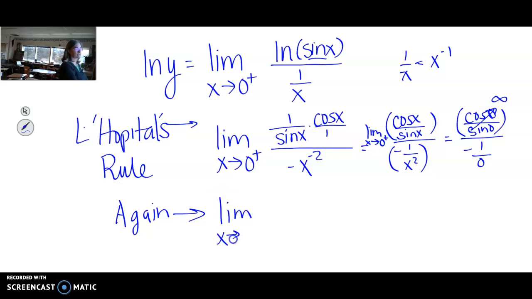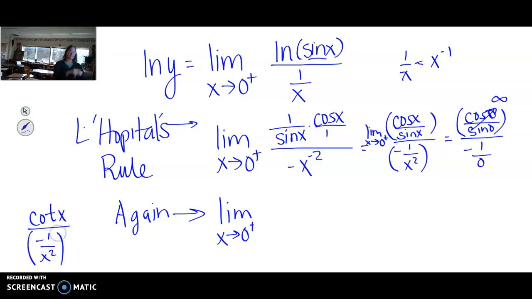So let's rewrite this. Limit as x approaches 0 from the right. Cosine over sine is cotangent, so I have cotangent of x divided by negative 1 over x squared.